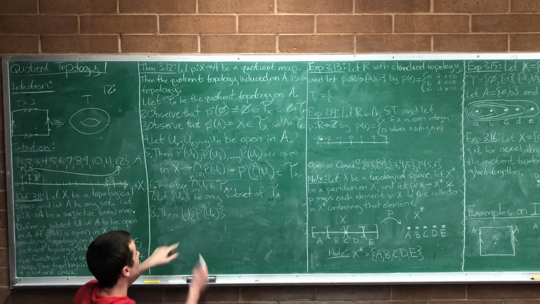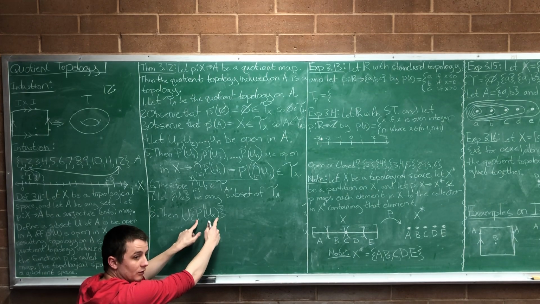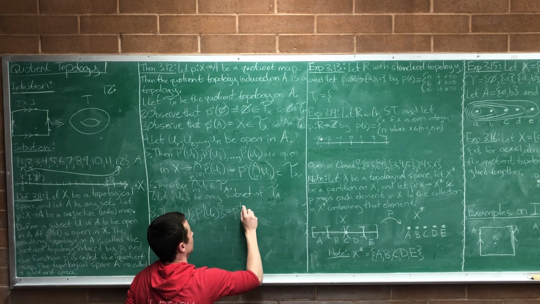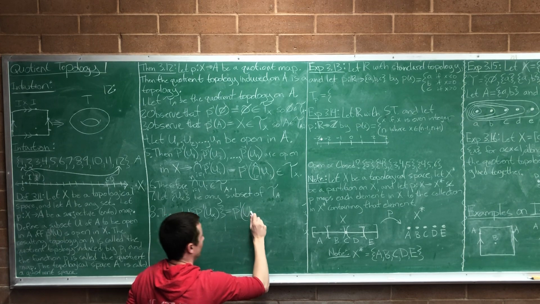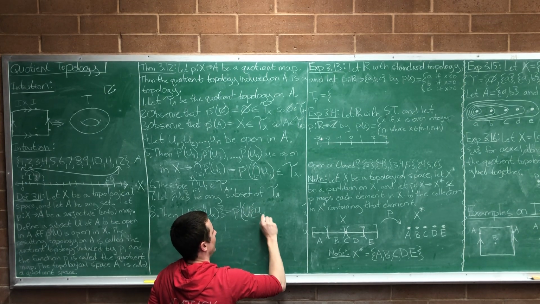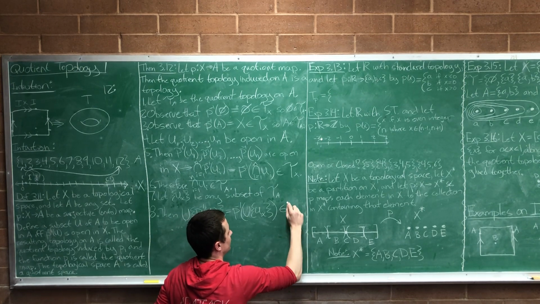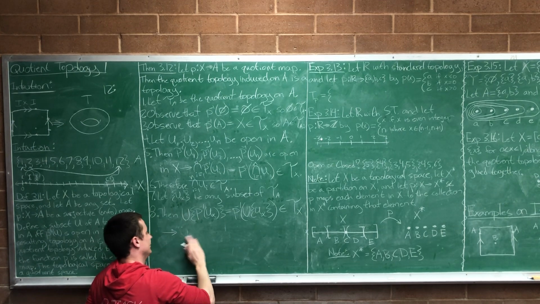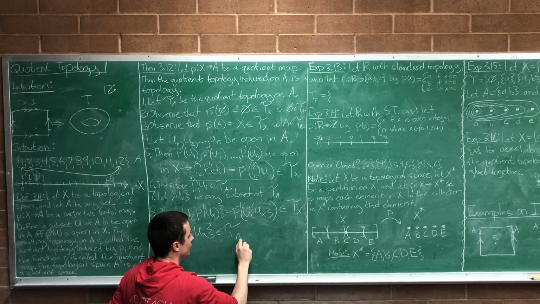So the union of a bunch of open sets in X is still open in X. So the union of those, which is the same thing as the pre-image of the union of U sub alpha, is in the topology on X, which gives me that the union of U sub alphas is in the topology on A. And we're done.